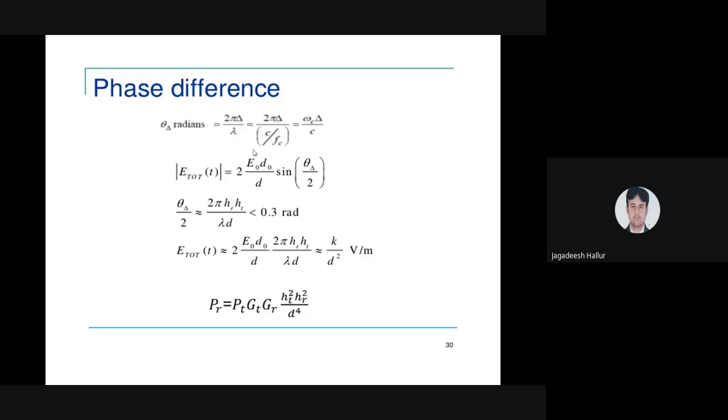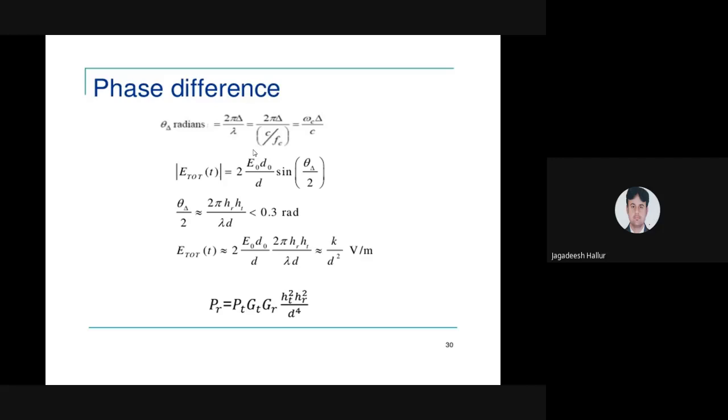With respect to the total electric field that has to be calculated, it is equal to 2 into E naught d naught divided by d, into sine of theta del divided by 2, where E naught is the reference electric field at a reference distance d naught.